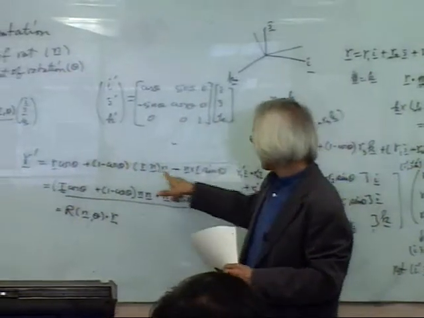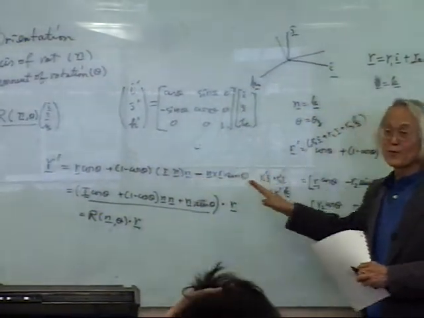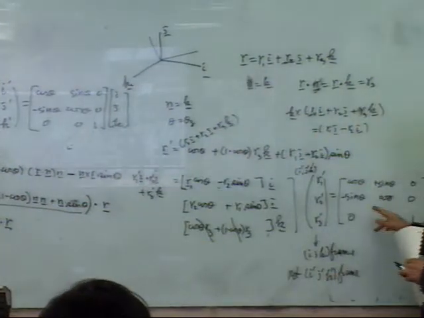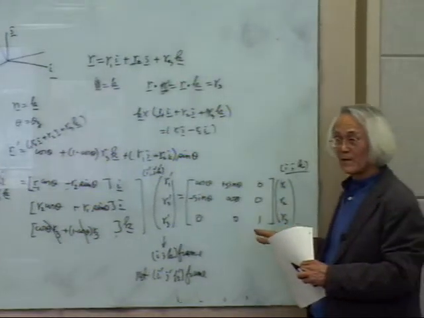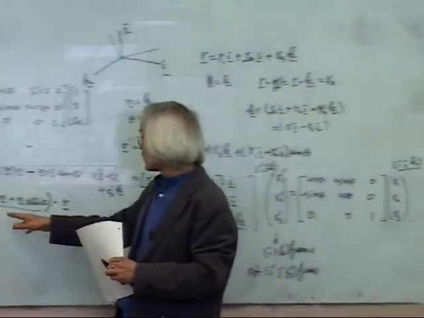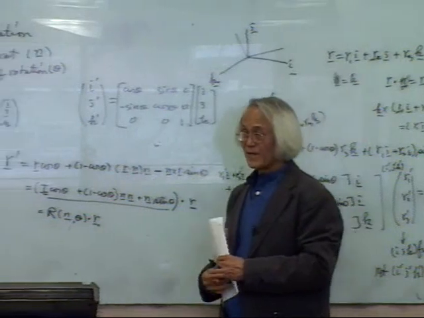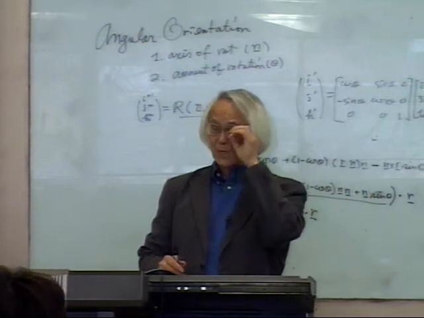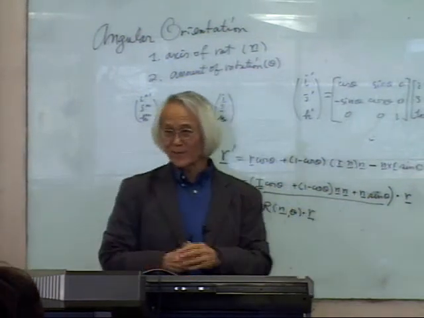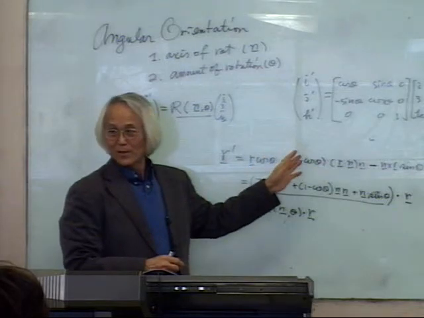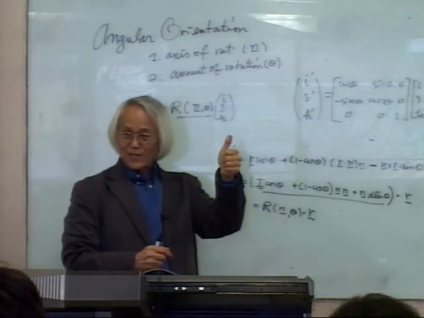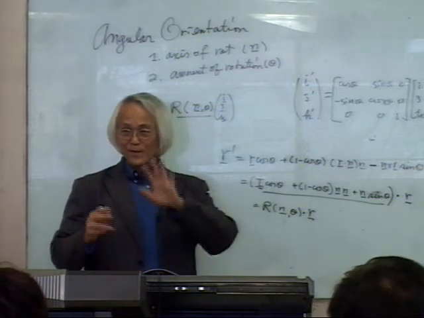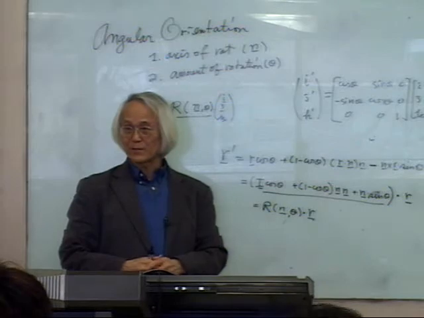Okay? So take my word for it. All you have to do is change this plus to minus sign, and you will have this familiar rotation. So this one is good for any problem. The only thing you need to know is the axis of rotation and the amount of rotation, instead of going through 3 rotations. Okay? You have one rotational angle and axis of rotation. You have a rotational orientation matrix. Okay?